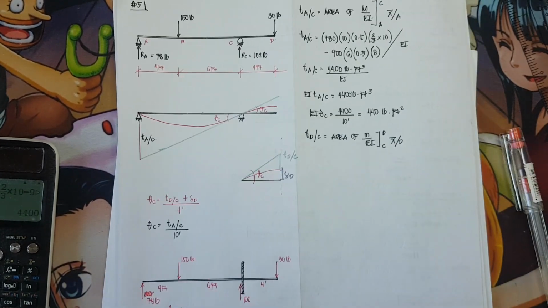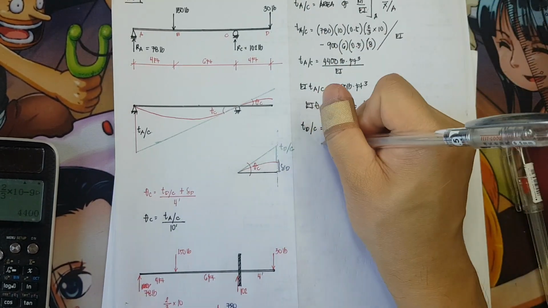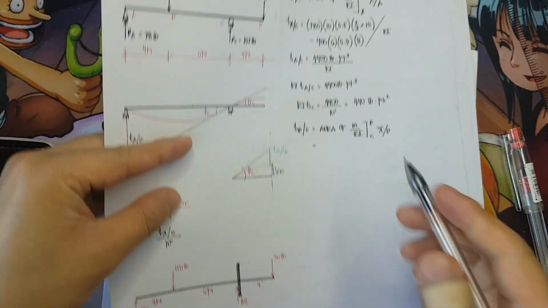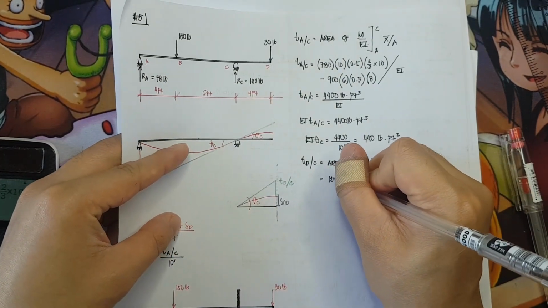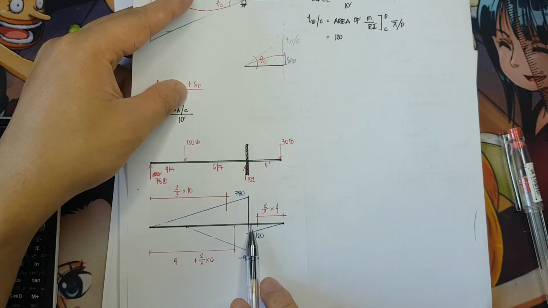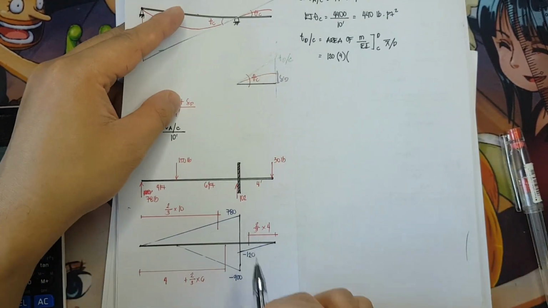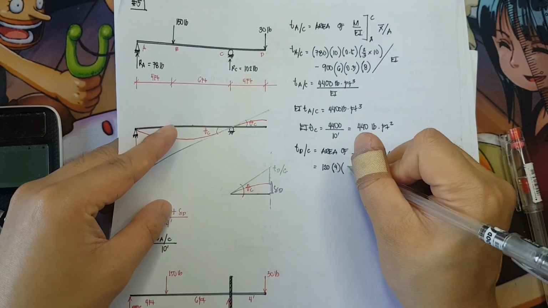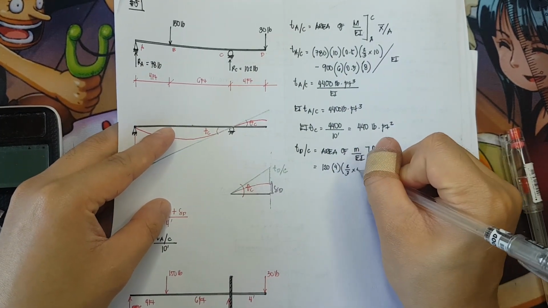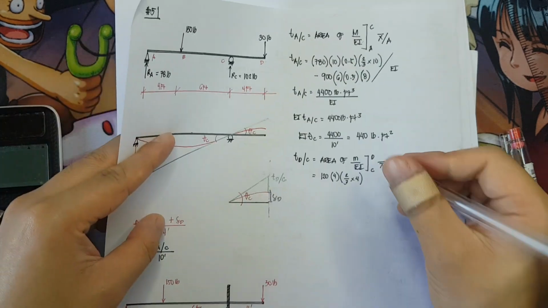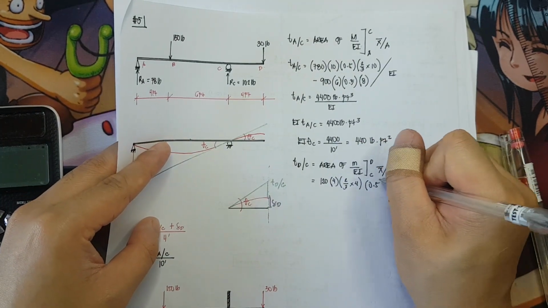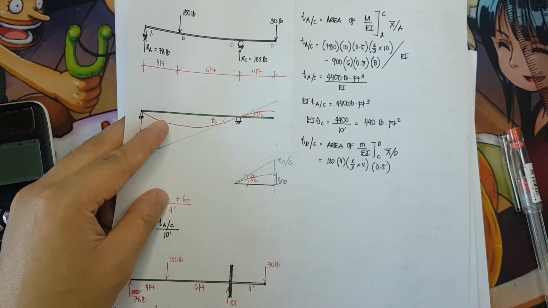So, TDC is equivalent to, we have the height of 120 times the base of 4 times the lever arm of 2/3 of 4 times 0.5 because that is a triangular load.